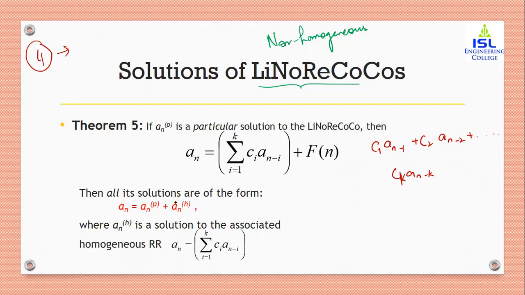Now what is a_n^(p) and what is a_n^(h)? a_n^(p) is your particular solution for the linear non-homogeneous recurrence relation. a_n^(h) is the solution for your associated homogeneous recurrence relation, that is a_n = c1 a_{n-1} + c2 a_{n-2} + ... + ck a_{n-k}, written completely instead of the abbreviated form.